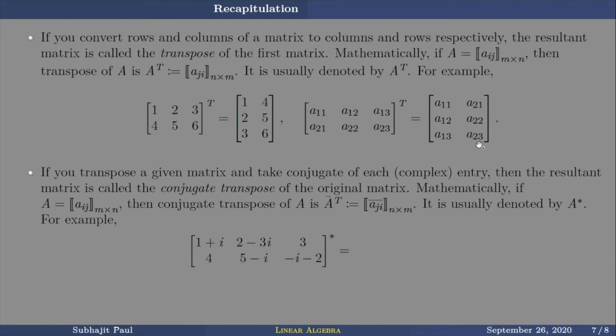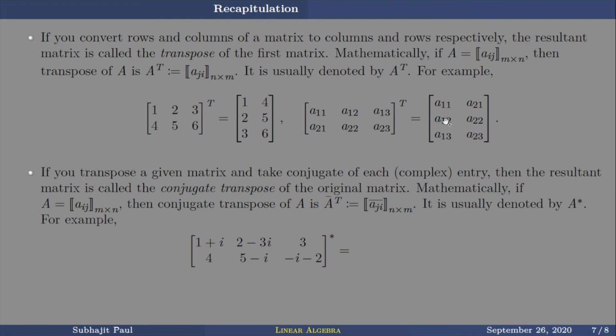Now over here, understand this thing. Why did I include this example? It is to check with this formula, with this definition. Suppose, what is this entry in the transpose matrix? The 2, 1 entry. First we write the row index, then we write the column index. So this is the 2, 1 entry in the transpose matrix. Now you see that the 2, 1 entry is the 1, 2 entry of the actual one. So the row index and the column index have got interchanged.